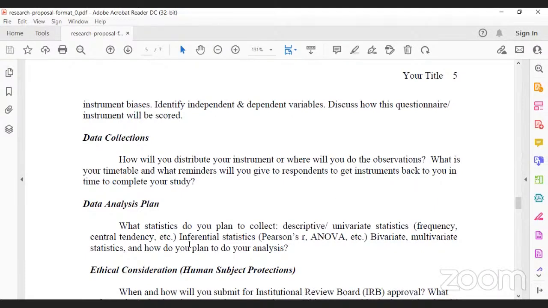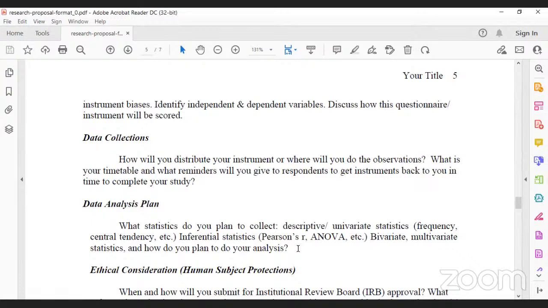Data analysis plan: what statistics do you plan to use? Descriptive, univariate, inferential, bivariate, multivariate statistics, and how do you plan to do these statistics? It should also be mentioned what software you will use.